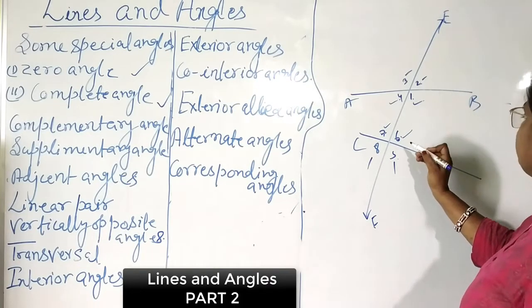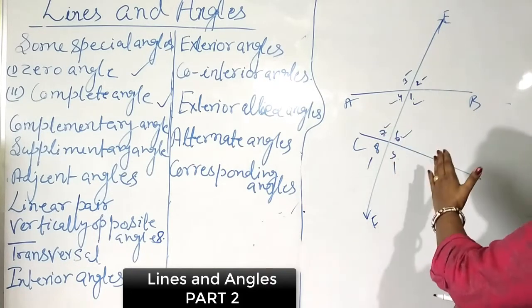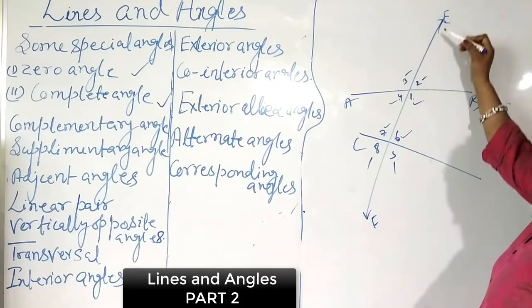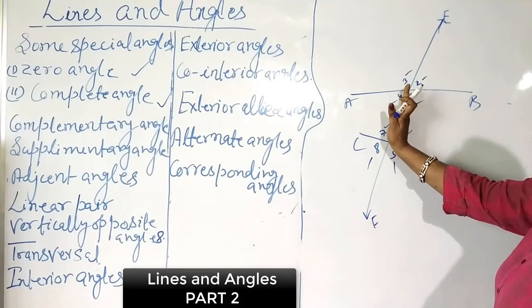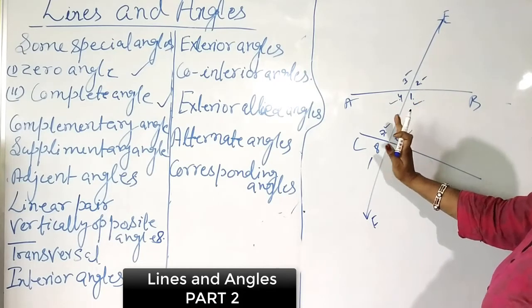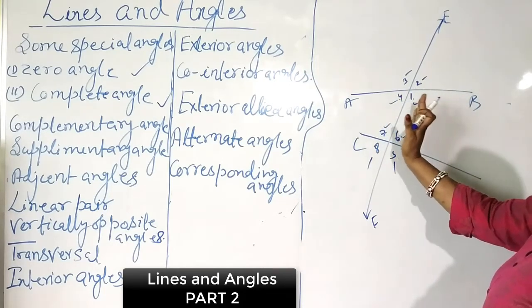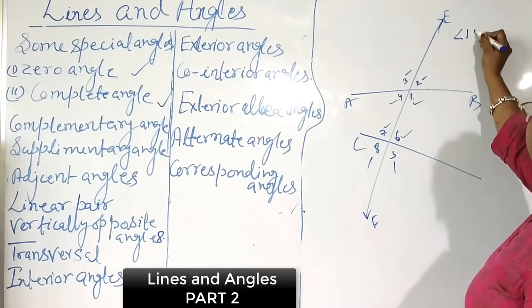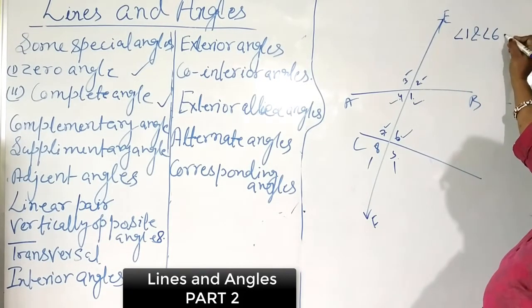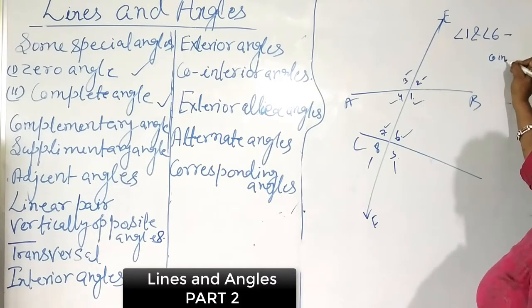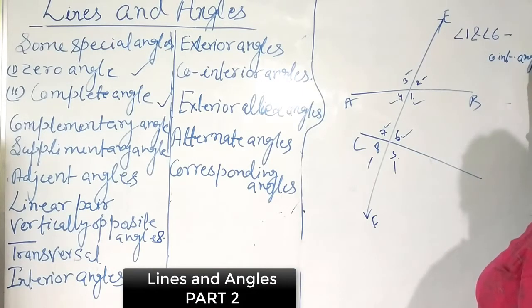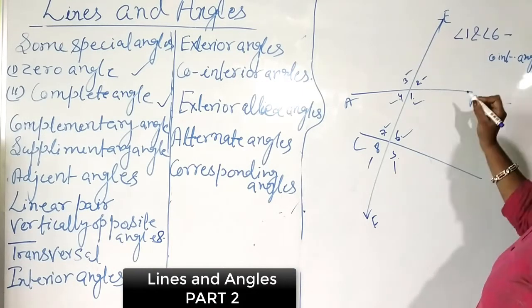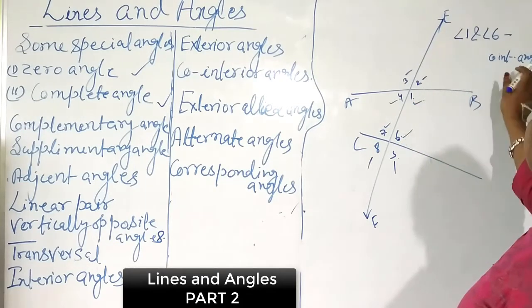Co-interior angles means angles on the same side of the transversal line. It means angle 1 and angle 6 are co-interior angles.